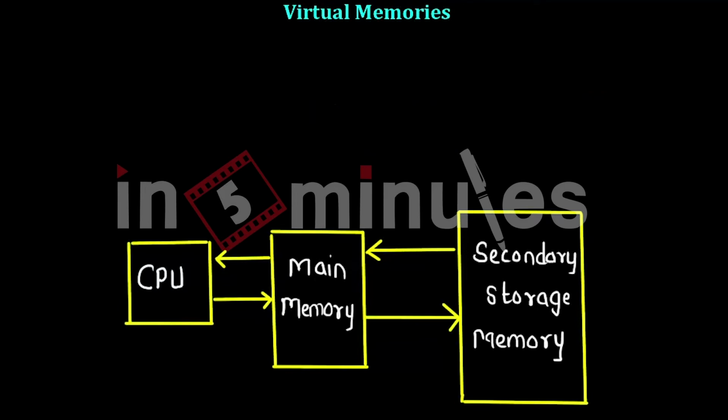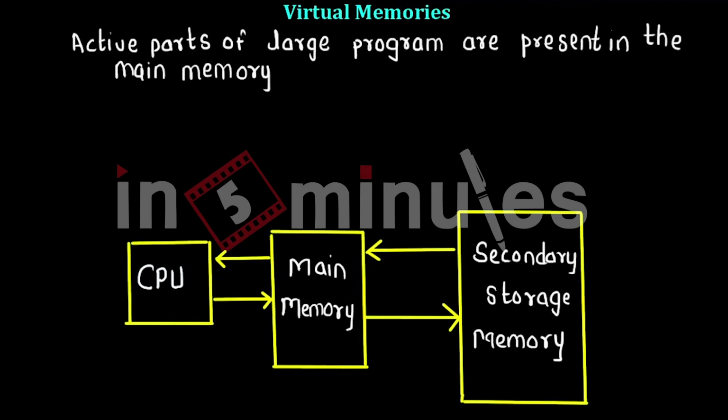Now, when a particular program or the data associated with it cannot fit into the main memory, it is stored entirely in the secondary storage memory. However, the active parts of the program or the active parts of the data are placed into the main memory so that they can be operated upon by the CPU.